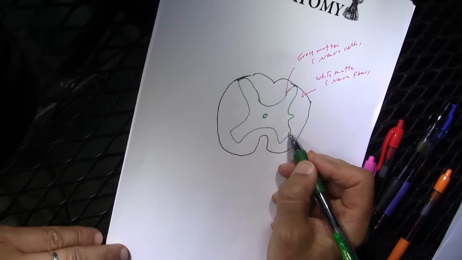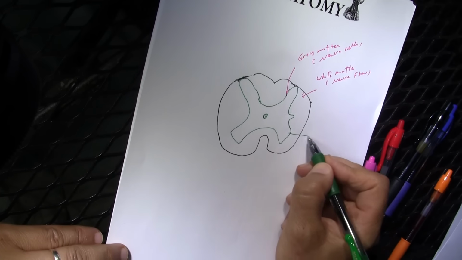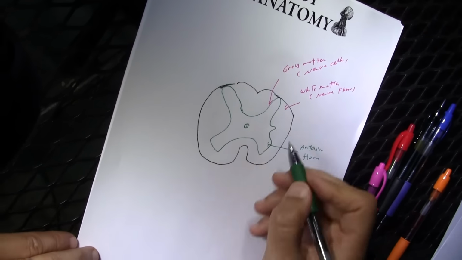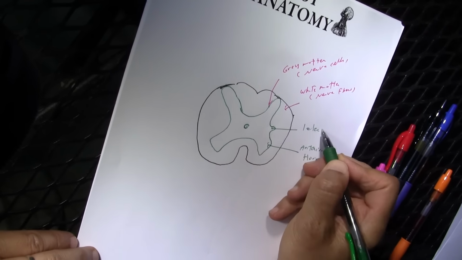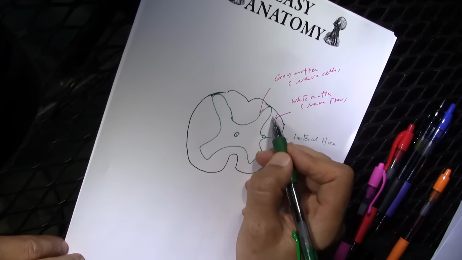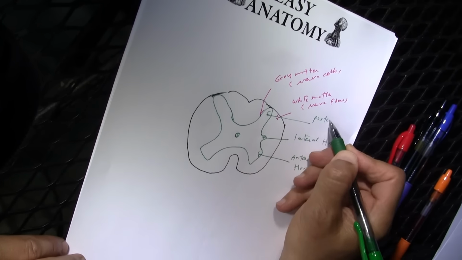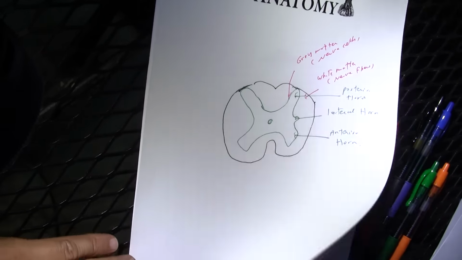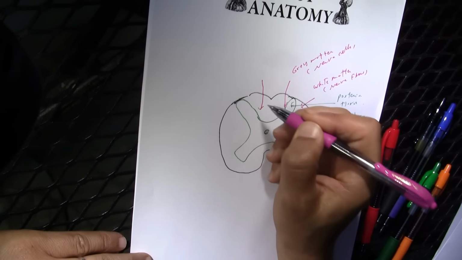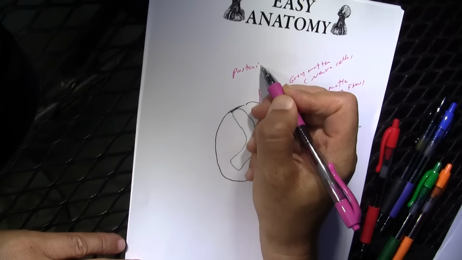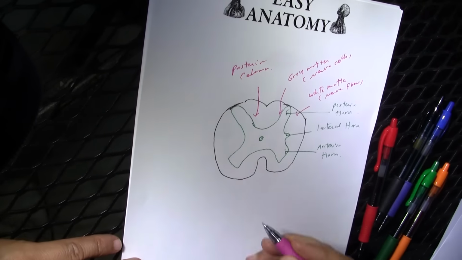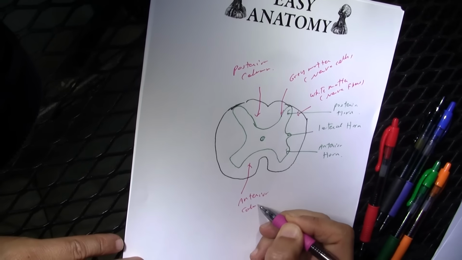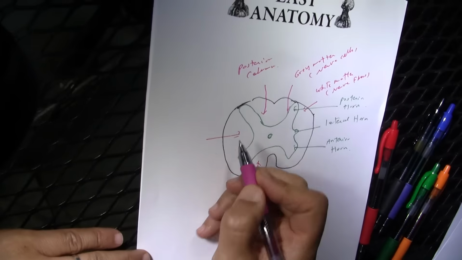The gray matter has the anterior horn, this is the lateral horn, and then you have the posterior horn. In the white matter, you have the posterior column, anterior column, and lateral column.